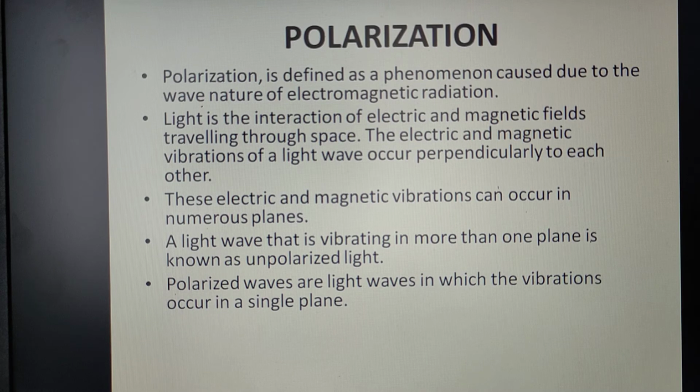Otherwise the free light that we see everywhere all around us is unpolarized light. Until and unless we confine that light to move in a particular direction, it is not polarized light. So polarization is caused due to the electromagnetic radiation of light, and it is a property of the wave that can orient itself in one particular direction.